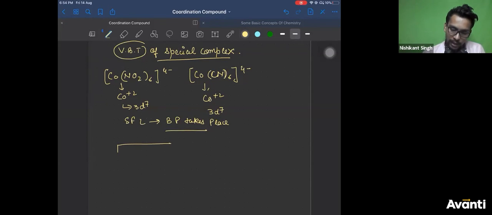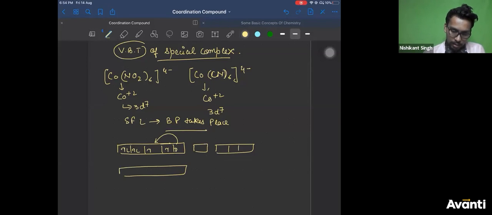So 3d7 if I take 1, 2, 3, 4, 5, 6, 7. So if I do the back pairing, it will come here. 4s is empty, 4p is empty. If I do the back pairing, it will become like this.